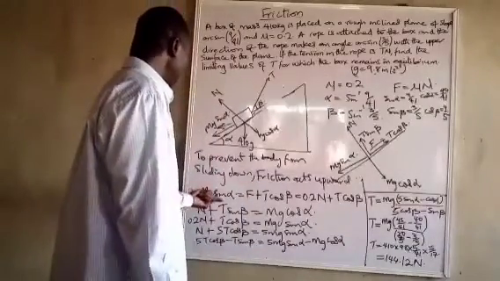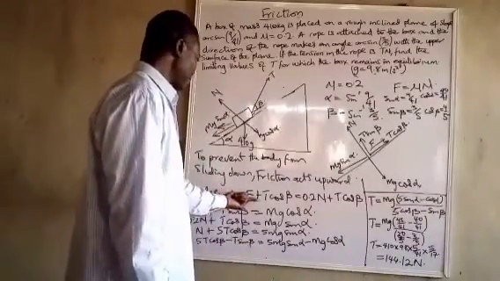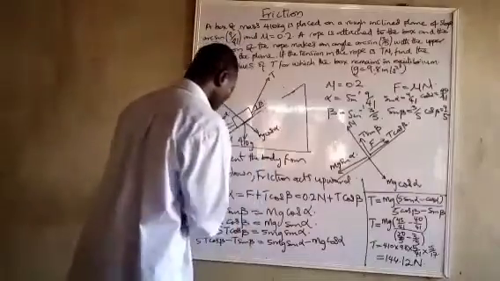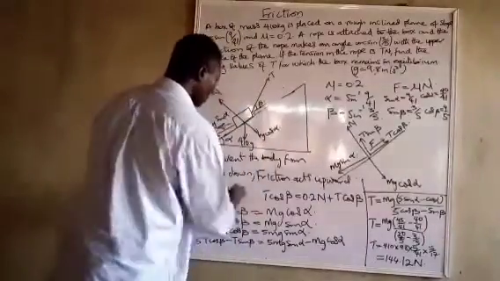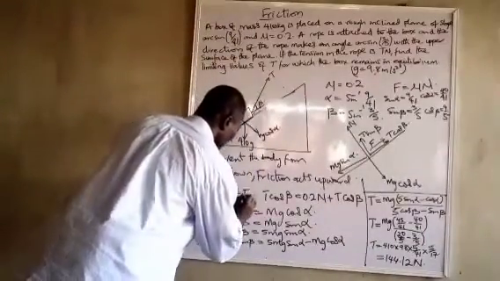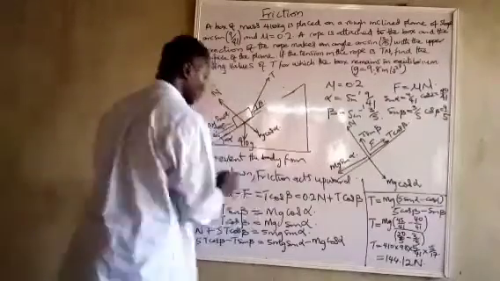I will have mg plus F, because it will now be equal to T cos beta.